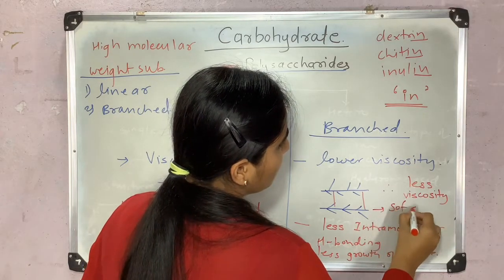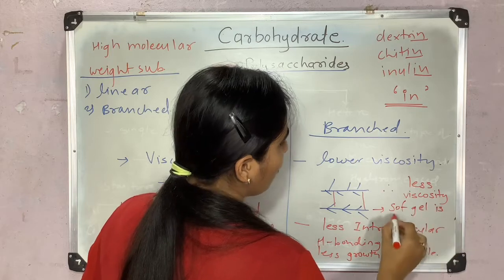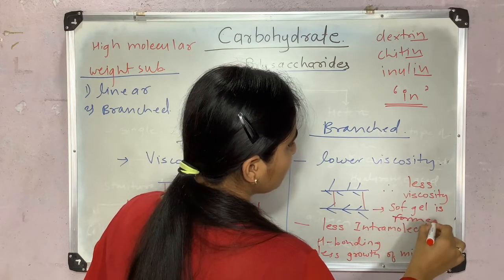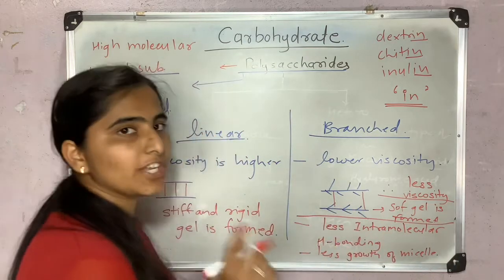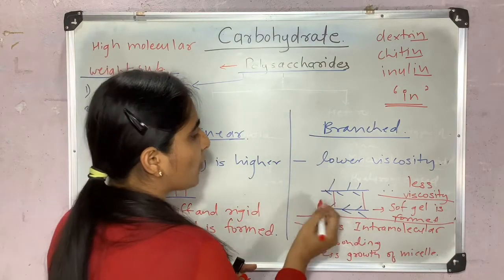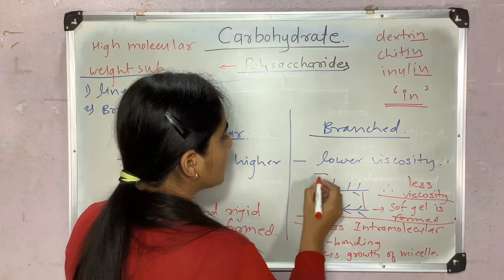A soft gel is formed. Also, the gel formed from these branched polysaccharides is translucent.